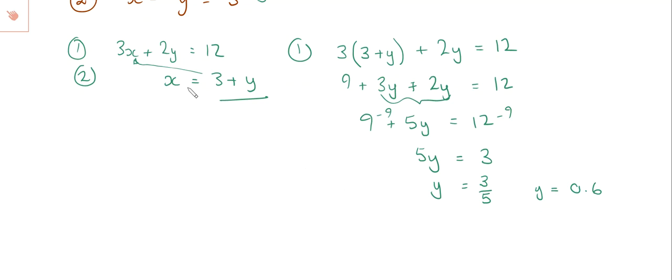We then need to know what x is, and x is 3 plus y. That's convenient. x equals 3 plus 0.6. So x equals 3.6. That's super easy. Finding y, the hardest bit, was finding the first. Okay? Don't get scared off by the decimals.